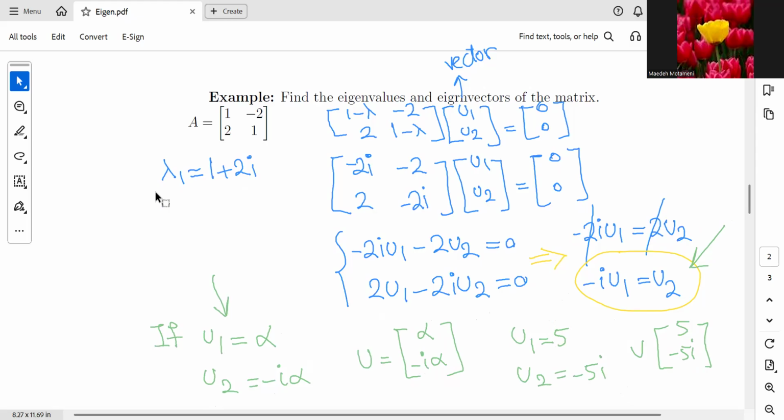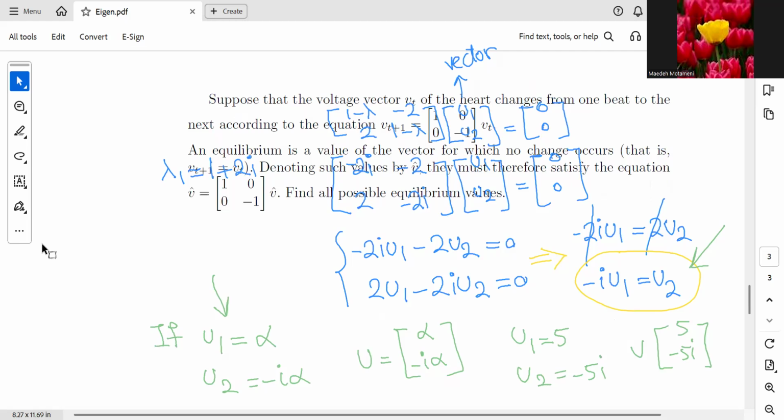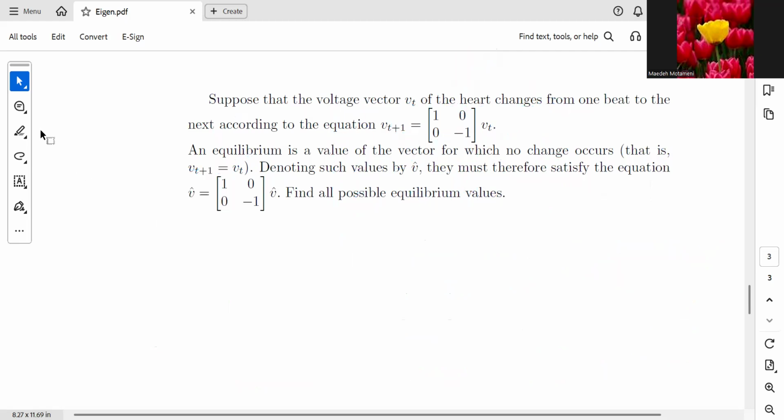Also, I have seen another concern about this equation or this example, especially for the equilibrium value. So in order to do this, we pay attention to the definition. Definition is here, and equilibrium is a value of the vector for which no change occurs. So it means that v sub t plus 1 is going to be the same as v sub t. Now, having this in mind, we're going to solve this equation.